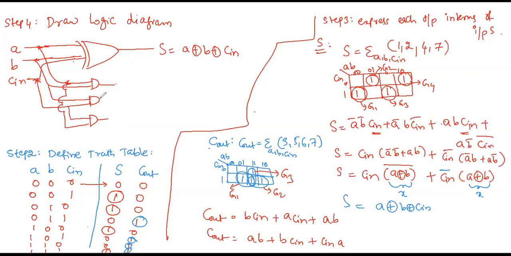Okay, this is AB, BC in, C in A. Now these three are ORed. So OR gate. This is C out.